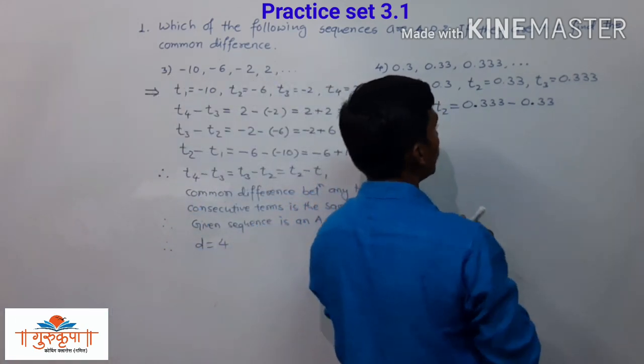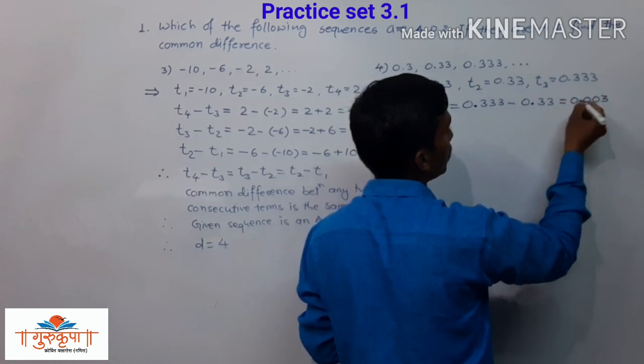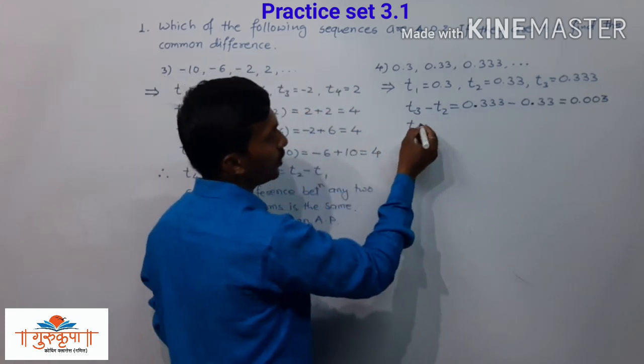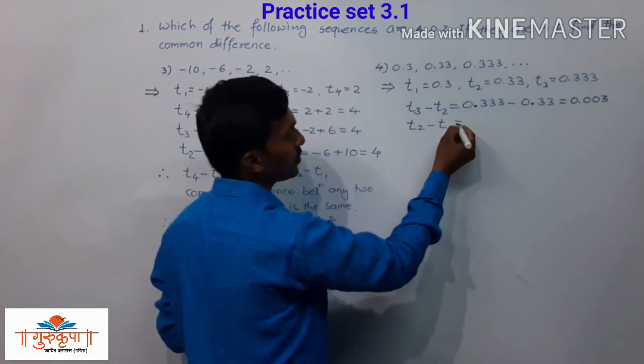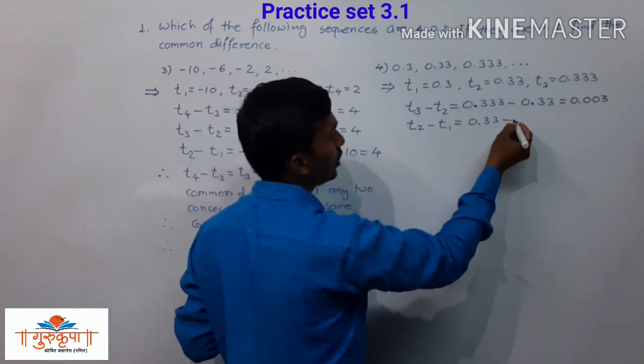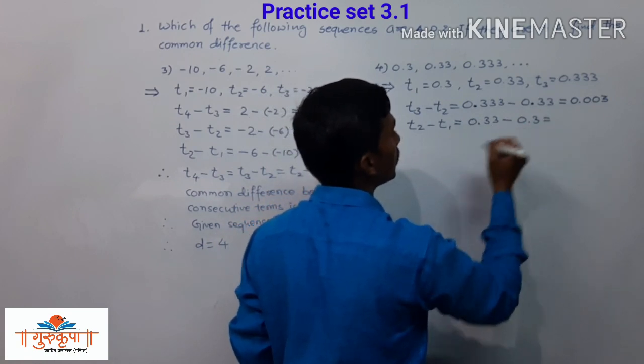So here we can write 0.003, that is the common difference between the third and second term. Now we will find the common difference between the second and first term. The second term is 0.33 minus the first term 0.3, and we have to take the subtraction again.